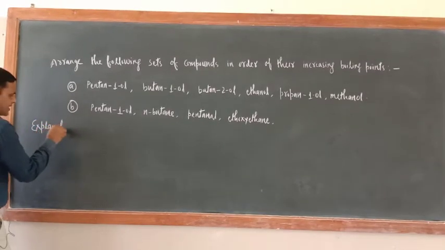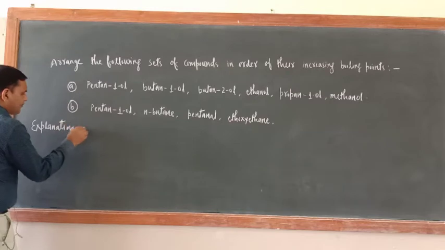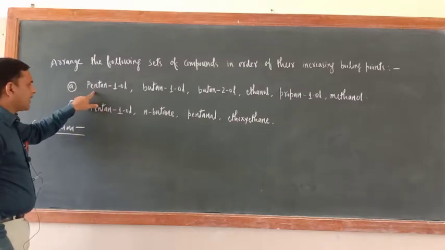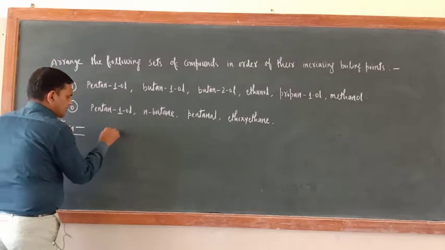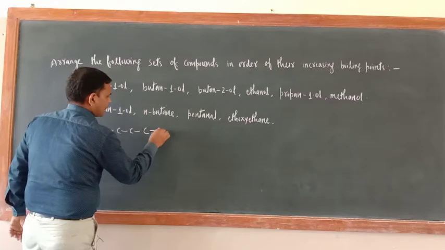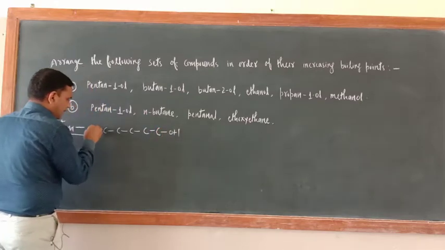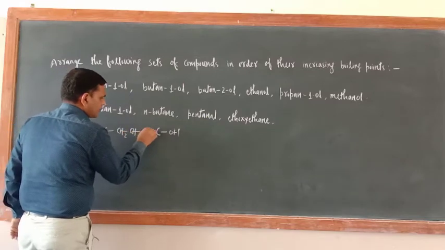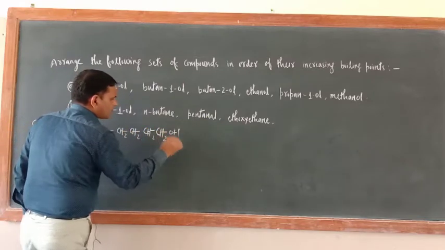The first thing we should do is write their structure, that is, the chemical formula. So pentanol means this: CH3, CH2, CH2, CH2, CH2, OH.